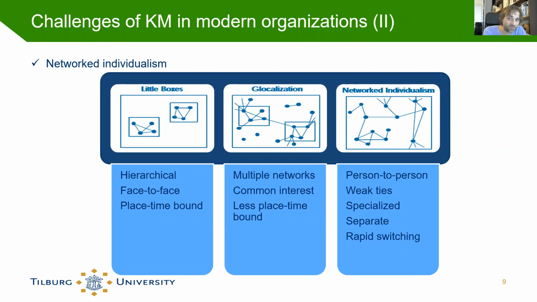And of course, if it becomes more individualized, if it revolves around weak ties, if it revolves around specialized roles, about person-to-person communication instead of group communication, then it's way more difficult to manage knowledge, because then you don't have the social process going on, because people feel more individuals than part of a team or part of the organization.